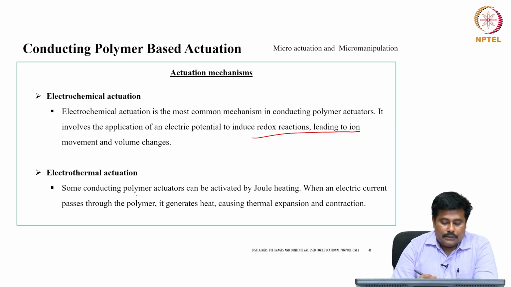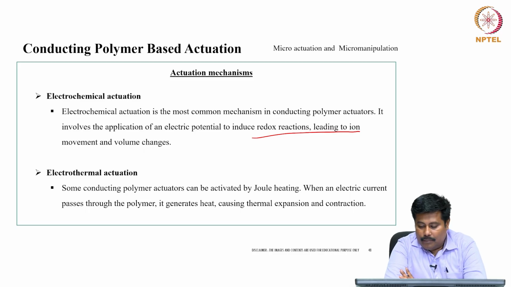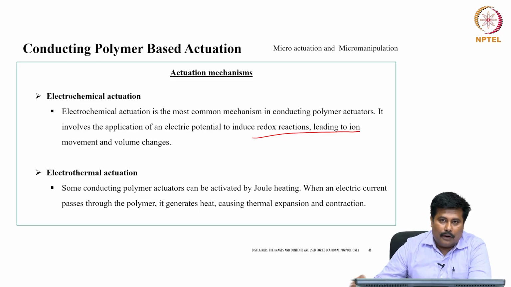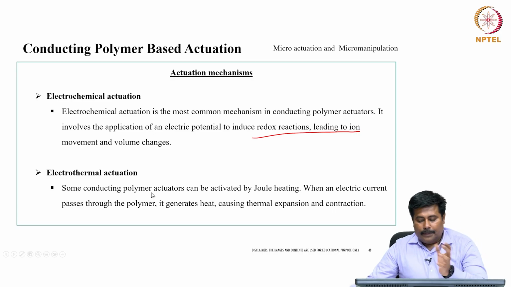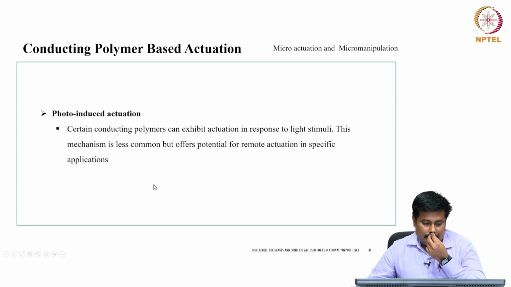The next one is electrothermal actuation. Some conducting polymer actuators can be activated by Joule heating. When an electric current passes through the polymer, it generates heat, causing thermal expansion and contraction.